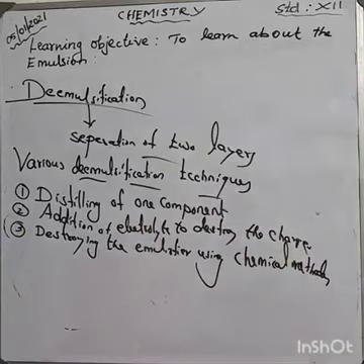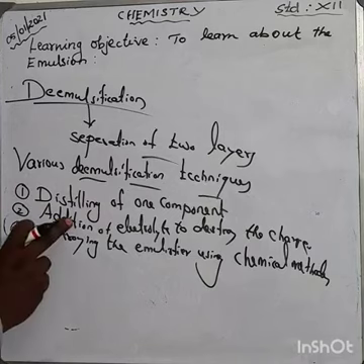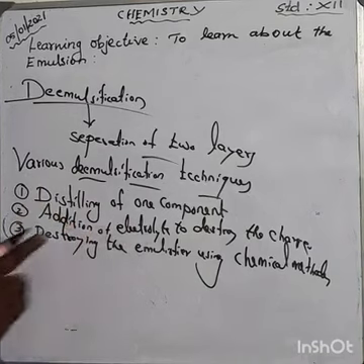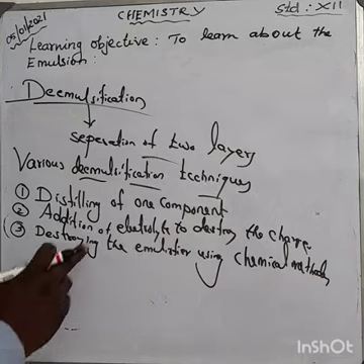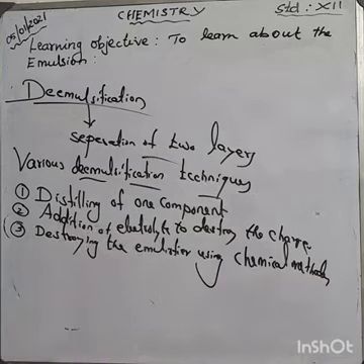At least you should learn three points. I think there are nine points. What is the first point? Distilling of one component. Second is the addition of an electrolyte to destroy the charge. Third is destroying the emulsifier using the chemical method.